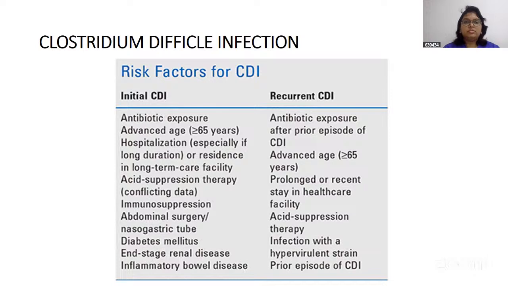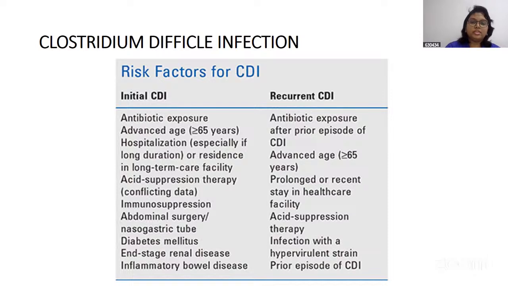The risk factors for Clostridium difficile are previous antibiotic exposure, elderly patients more than 65, previous hospitalization, being in a long-term care facility, continuous usage of acid suppression therapy, immunosuppression, diabetes, any abdominal surgery, end-stage renal disease, and IBDs. So these are some risk factors for Clostridium difficile infection.